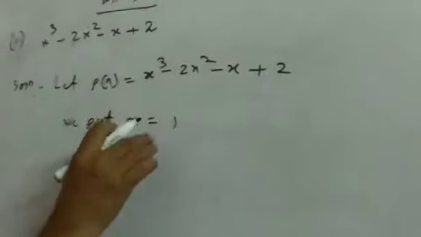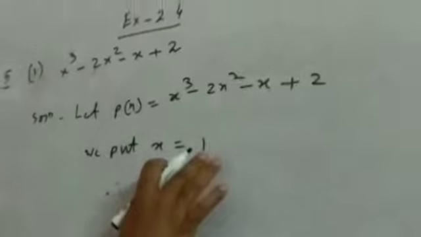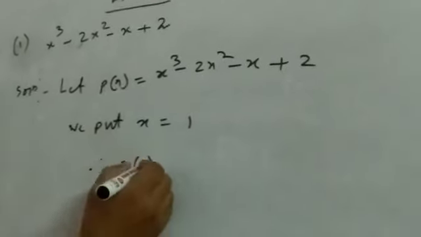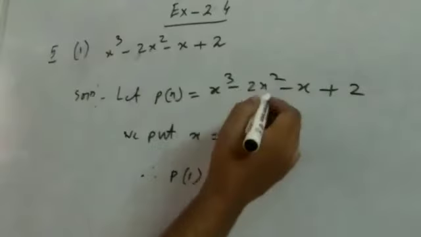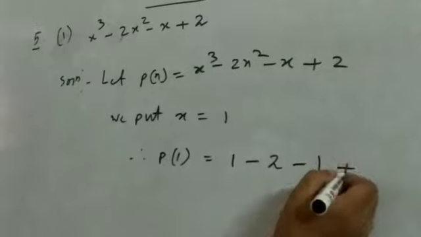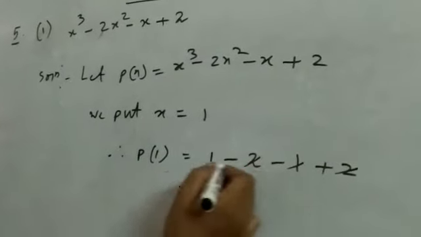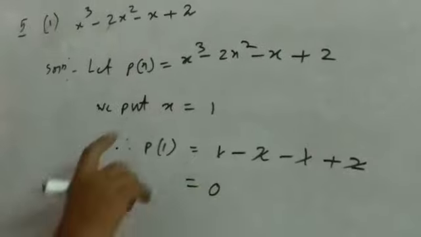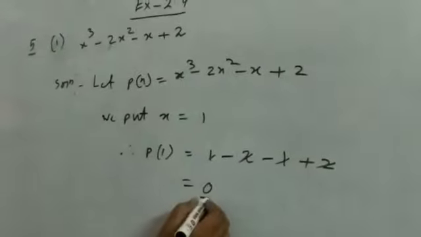So let us see what will be the value of this polynomial at x equal to 1. So here P(1): 1 cube is 1, 1 square is 1, means 2 times 1 is 2. Here minus 1, here plus 2. So it's clear that this and this cancel, this and this cancel. So the value of this polynomial at x equal to 1 is 0.